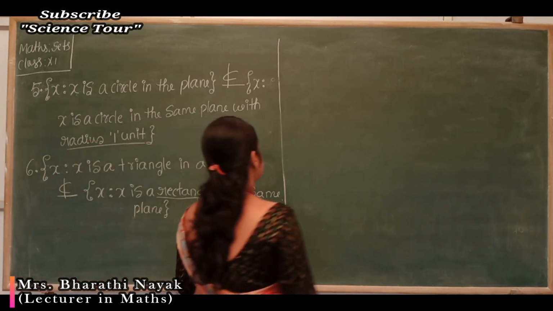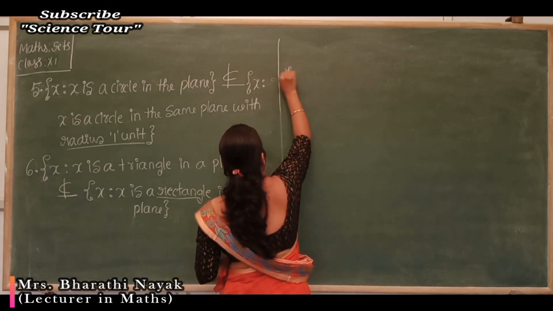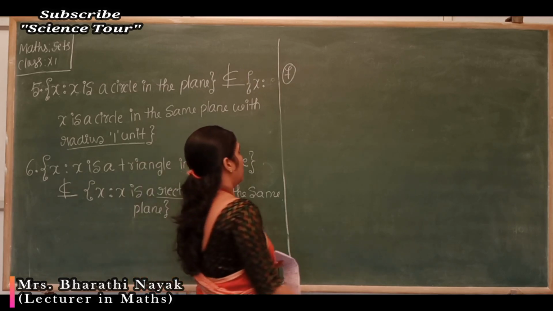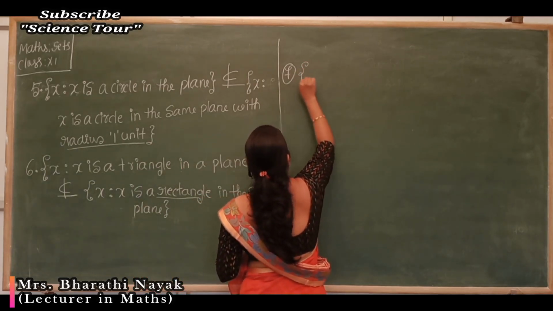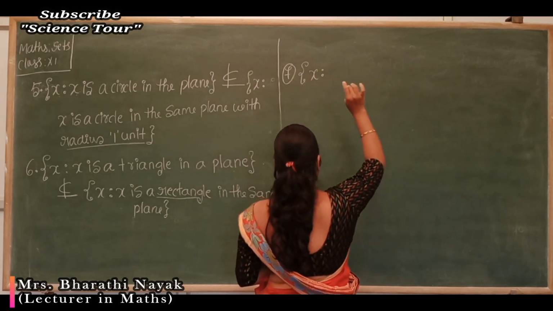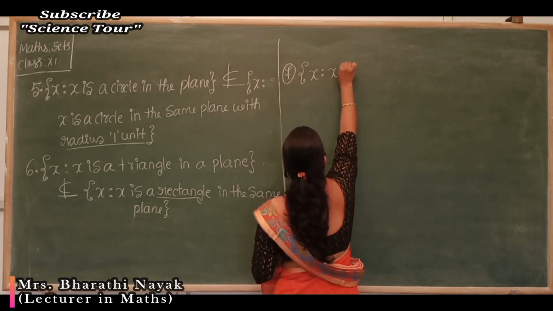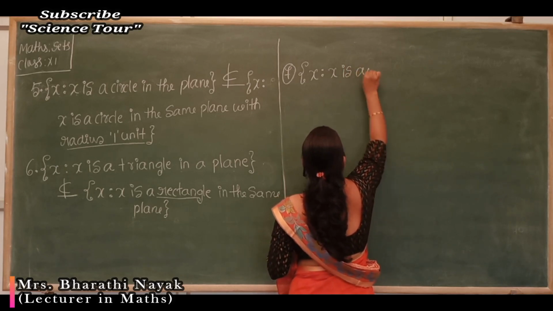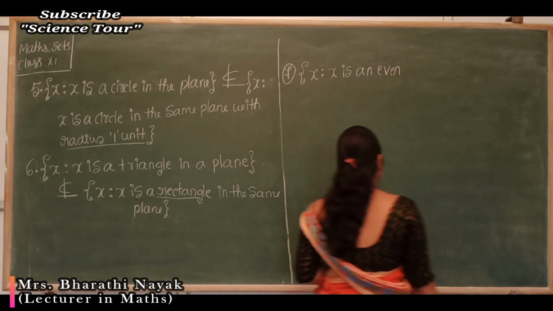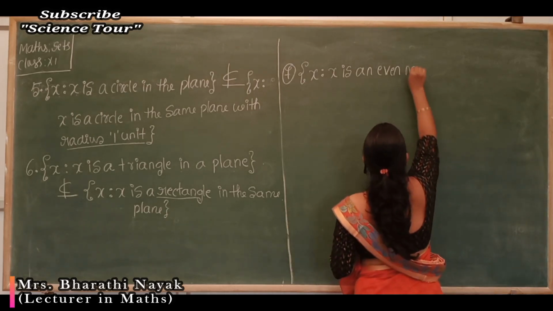So next, seventh question I'll consider. The first set is about the set of all x such that x is an even natural number.